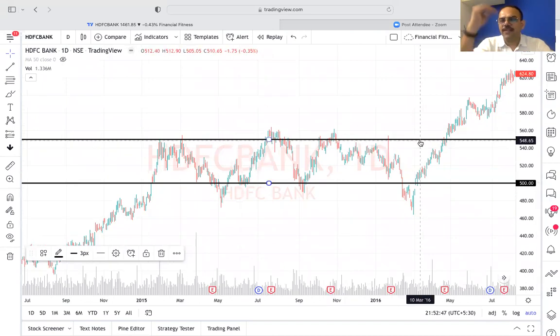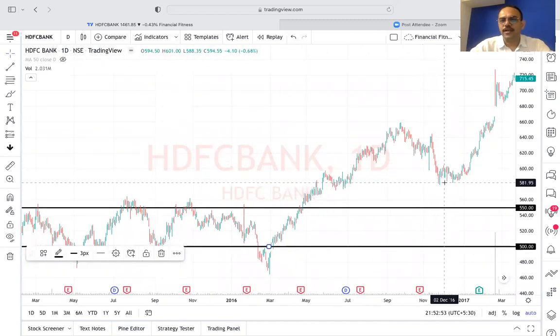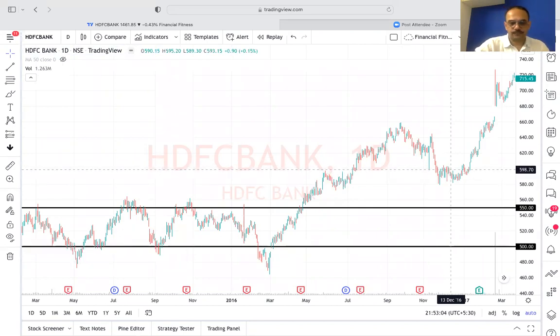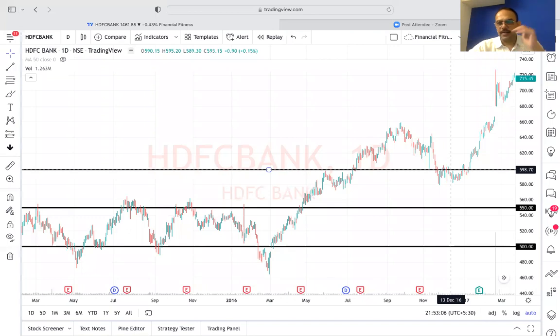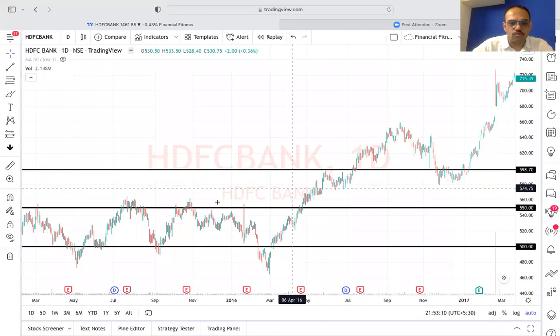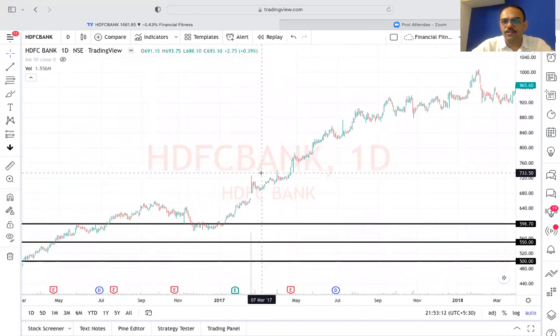From here 550, add 10% or 15% and keep drawing the lines. Here, this is 580, 600. Somewhere around 600 you will find the support level. So keep drawing, come back and go to 2016, keep drawing for the support level.